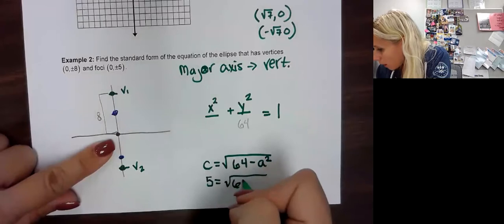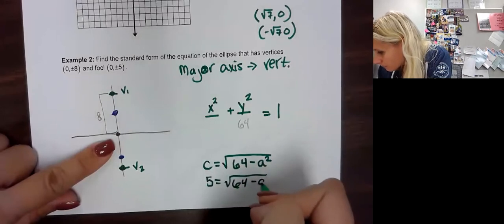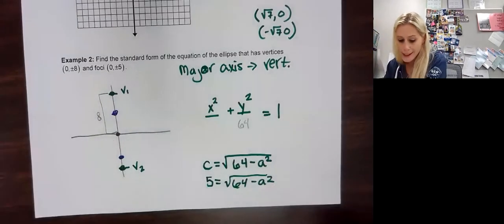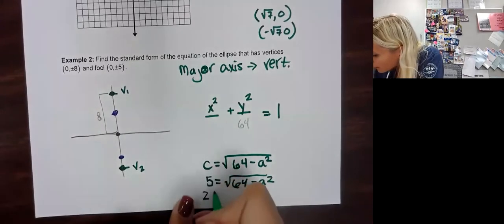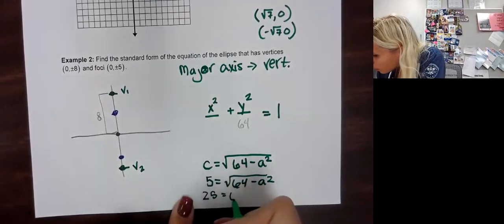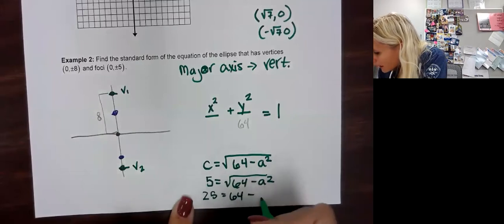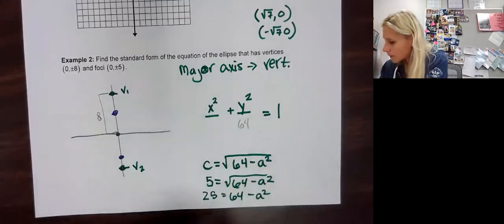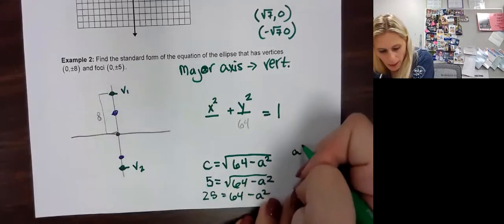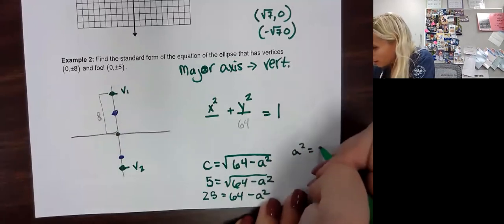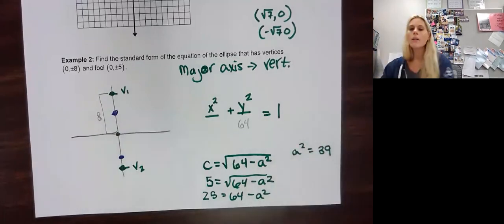And now we can solve. Square both sides. You get 25 equals 64 minus a squared. We end up getting a squared equals 39. Now, yes, it's very tempting to take the square root of both sides.